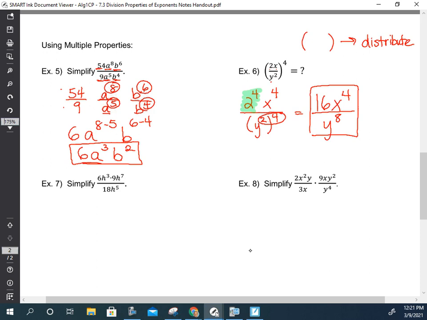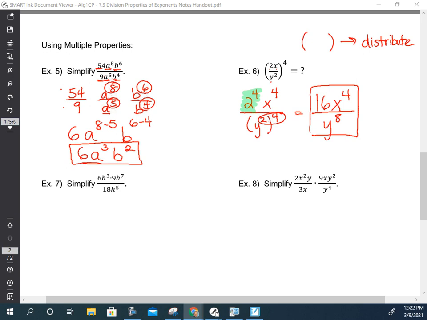So example 7. We've got 6h to the third times 9h to the seventh divided by 18h to the fifth. So, which part of the fraction looks harder, the top or the bottom? So let's work out the top first.